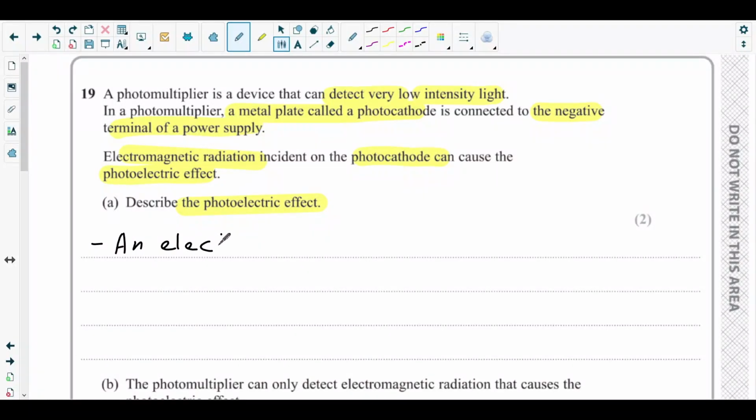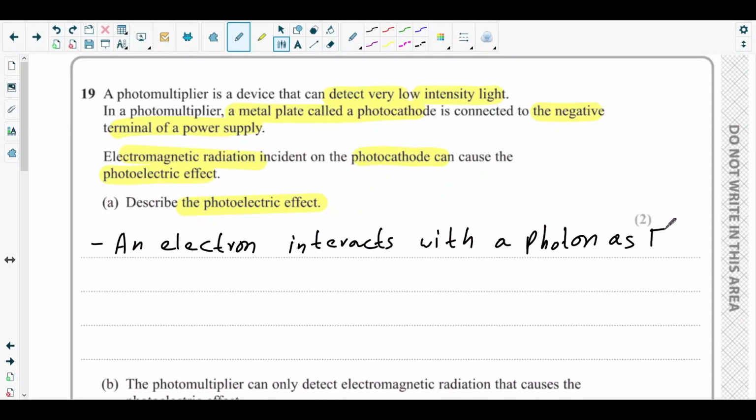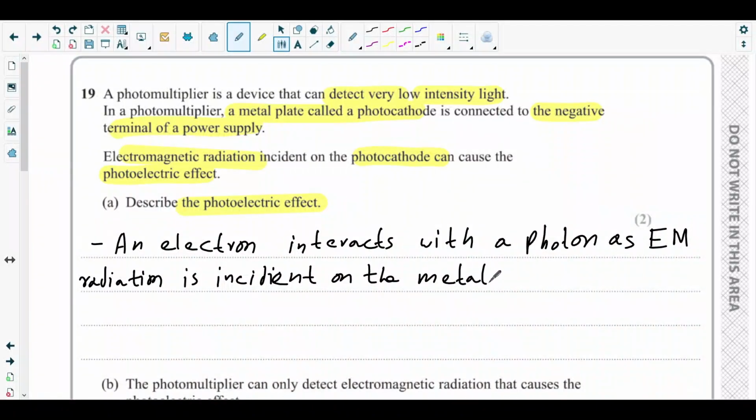An electron interacts with a photon as EM radiation is incident on the metal plate.